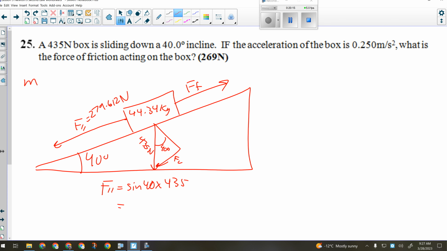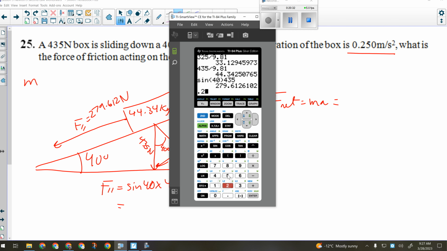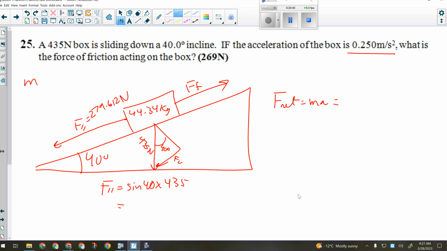I have mass, because I calculated it before, and the question told me the acceleration is 0.250 meters per second squared. So I can calculate F net by going m times a. So 11.09 newtons, and that would be down the ramp.